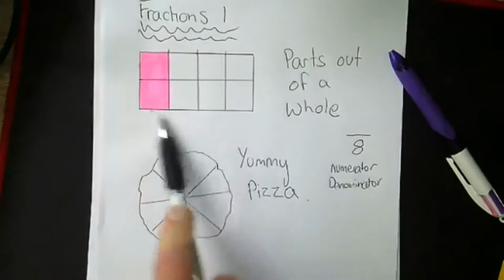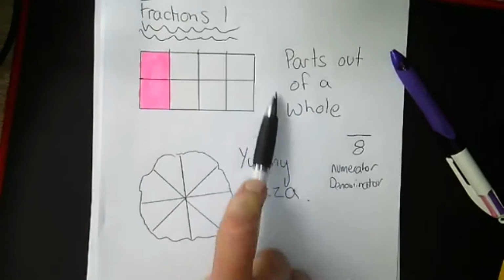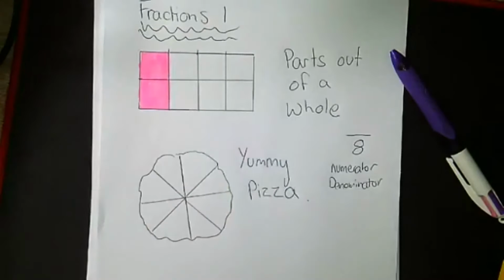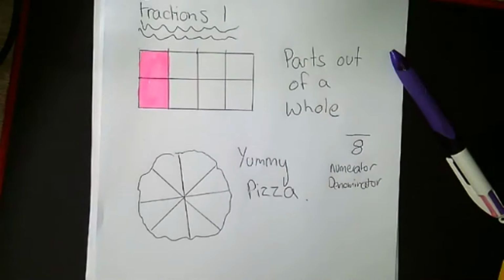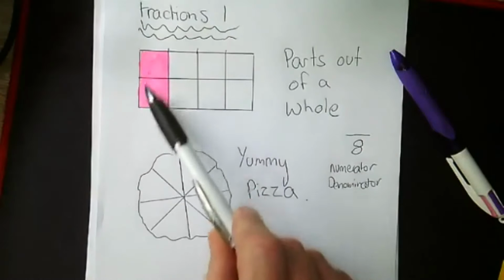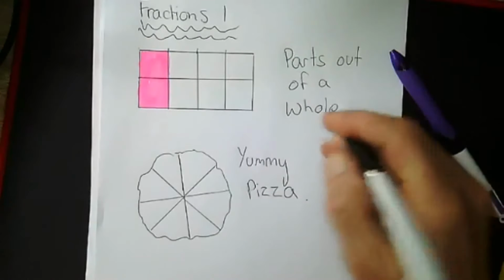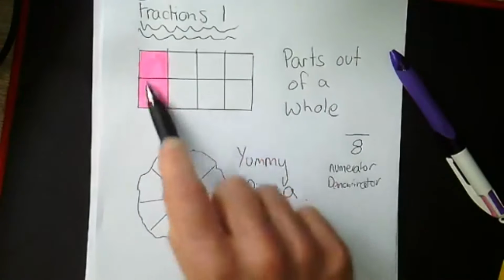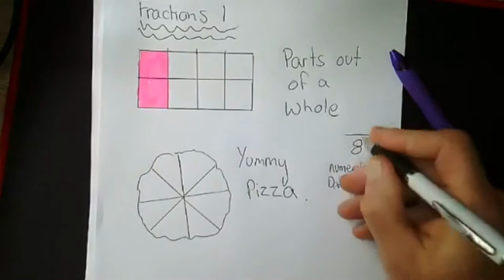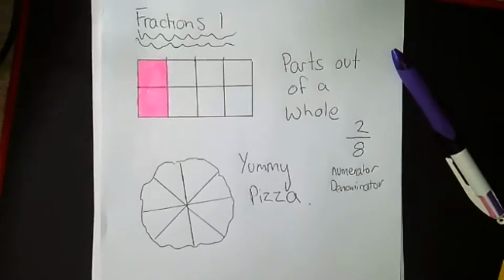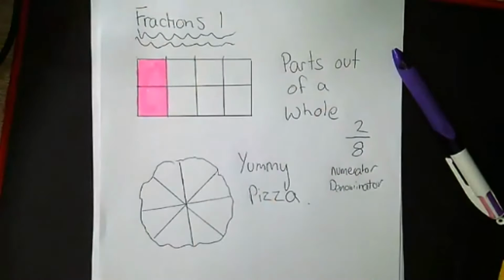Imagine that this is actually a chocolate bar, and in that chocolate bar there are 8 pieces. The fraction, the parts that we're going to eat and munch away, is these 2, which I've highlighted. We're going to split this shape up into 8 parts, and we're going to munch on 2 parts of the chocolate bar. So we've got 2 out of a total of 8, and that's how it works.